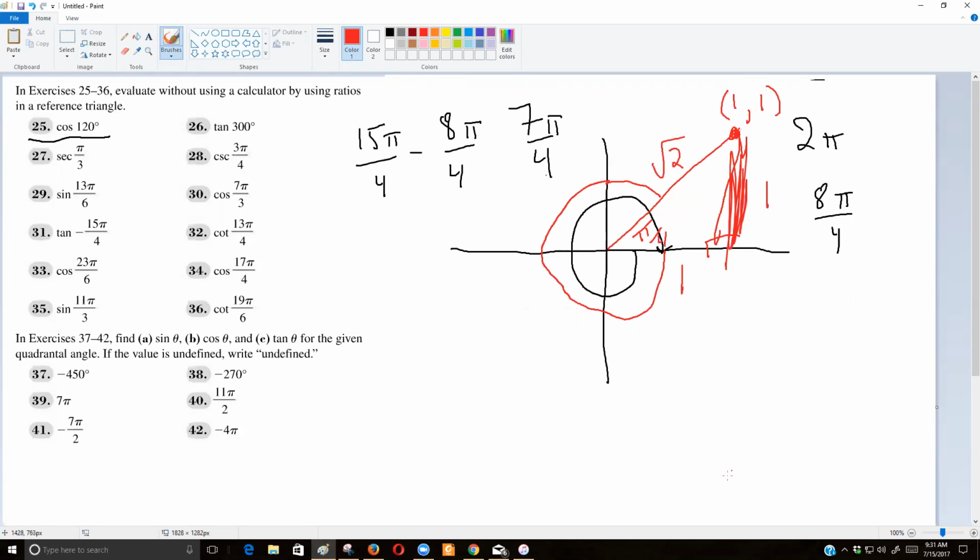If we want to work on the unit circle, we're just going to divide everything by root 2. So that would give me x and y coordinates of 1 over root 2 and 1 over root 2. And then, of course, if we rationalize those, that's where they're getting root 2 over 2 and root 2 over 2. Okay, so hopefully that'll help you work with those kind of things.